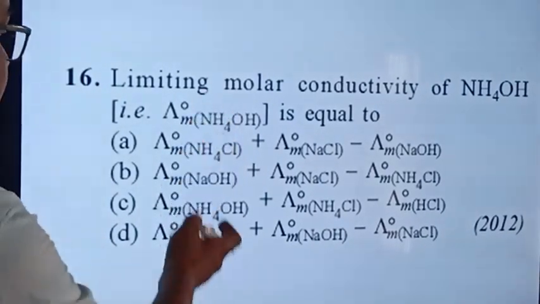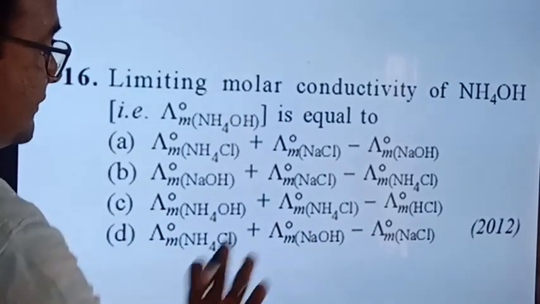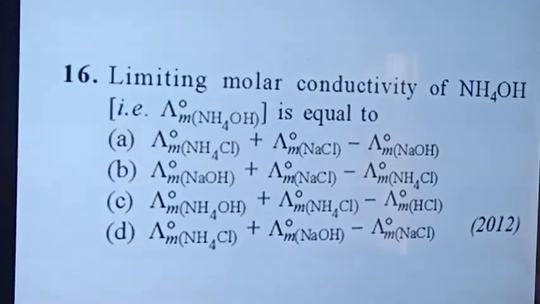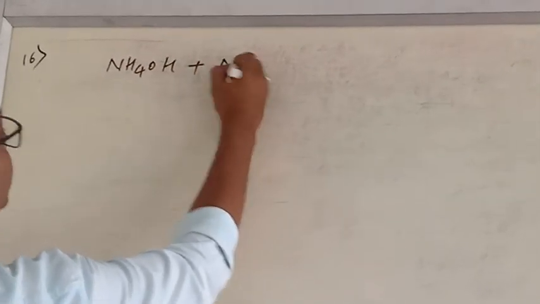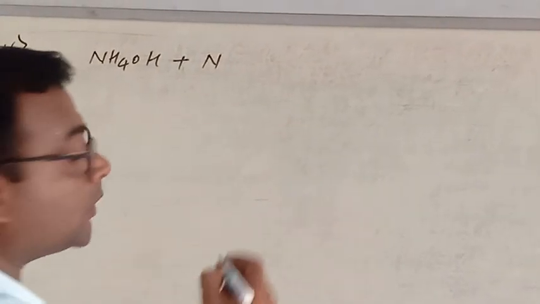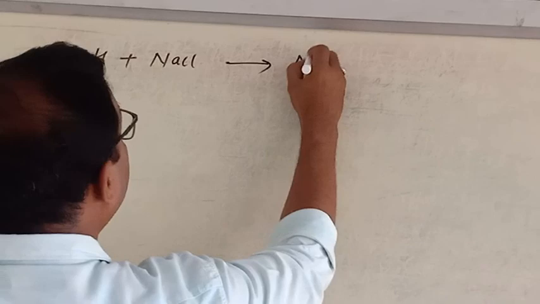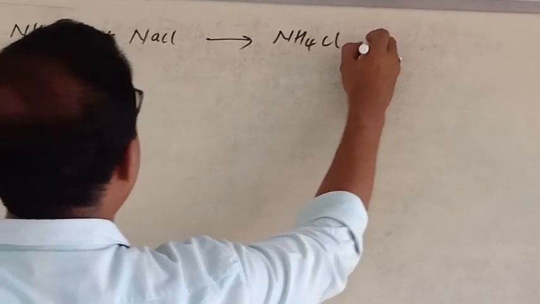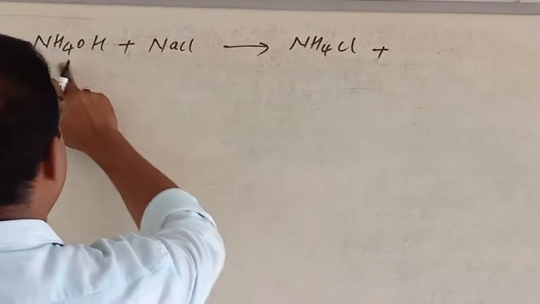For this question, ammonium hydroxide plus sodium chloride gives you ammonium chloride plus NaOH.